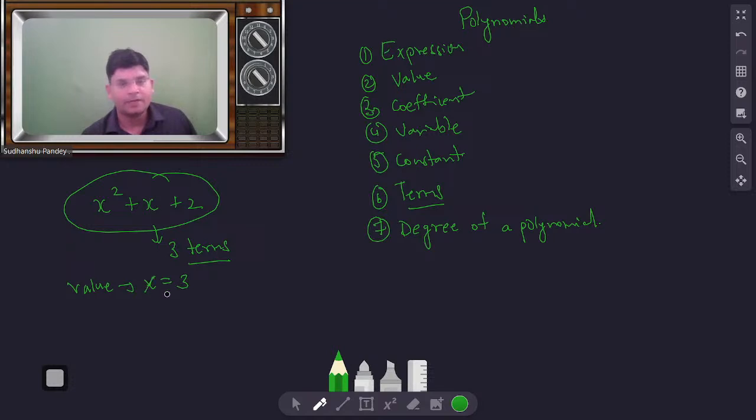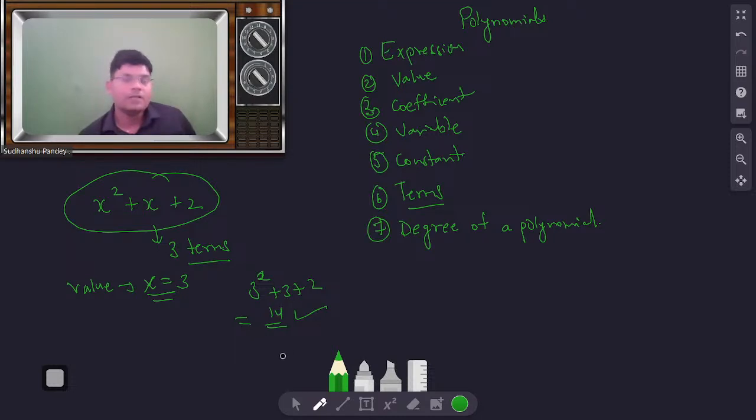Sir, it would be 9 plus 3 plus 2, which is 3 square plus 3 plus 2, which is going to be 14. Any doubt? No, sir.